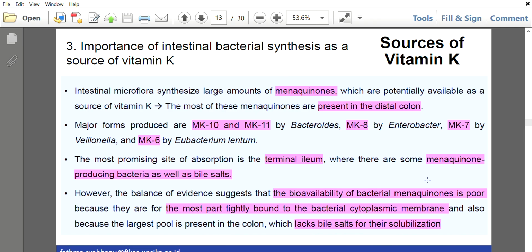But the balance of evidence suggests that the bioavailability of bacterial menaquinones is poor because they are mostly tightly bound to the bacterial cytoplasmic membrane, and also because the large pool is present in the colon, which lacks bile salts for their solubilization.